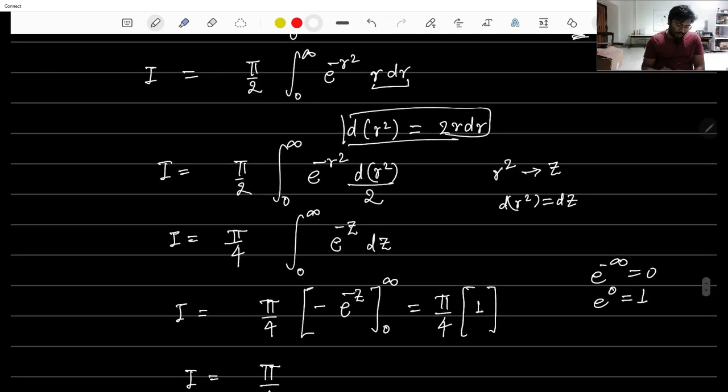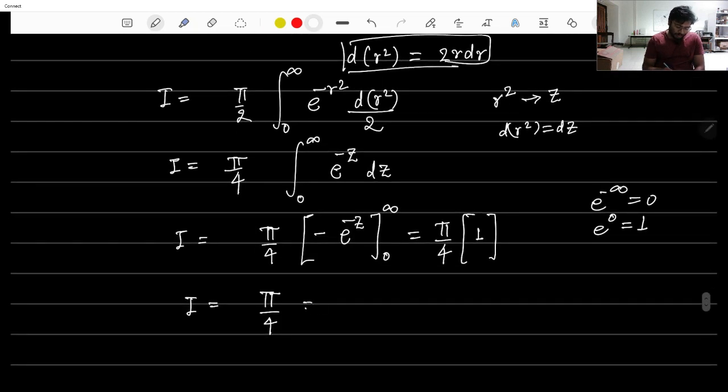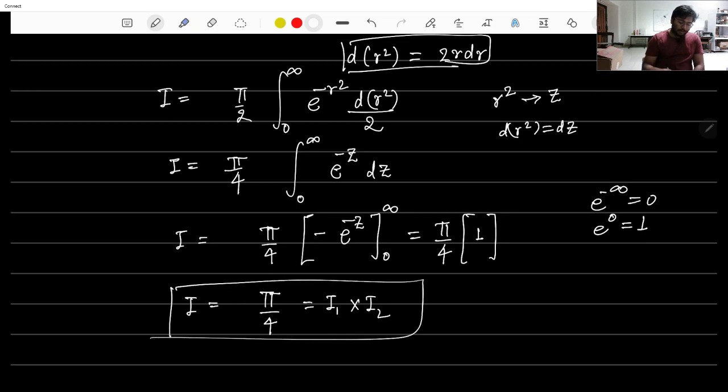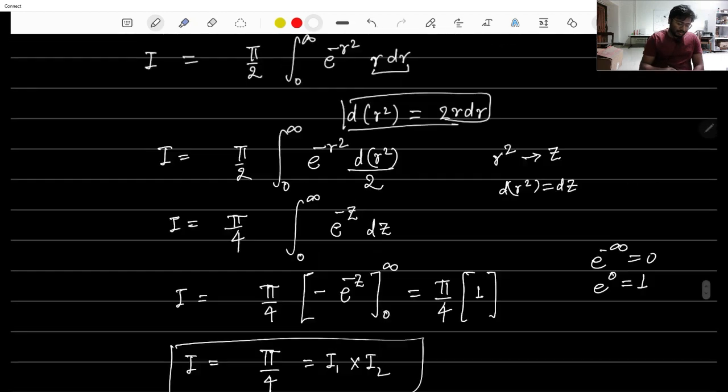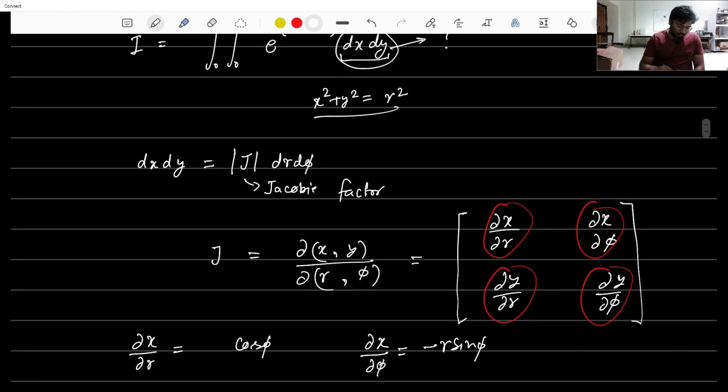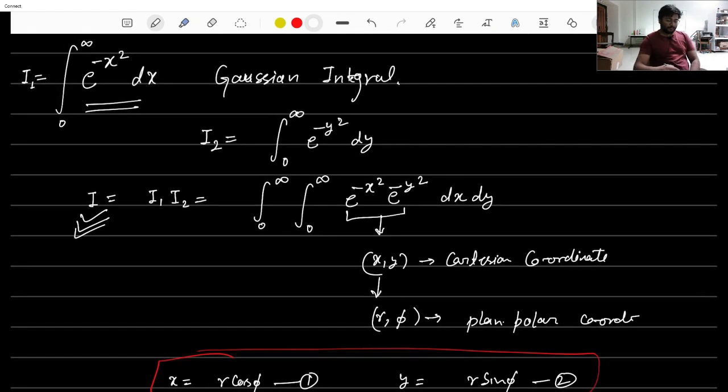Now this is I equals pi by 4, where I is equal to I1 times I2. Now I will tell you that I1 is equal to I2. You will ask the question, why are I1 and I2 equal? See the integrals I1 and I2. Here you see that in both integrations x and y are dummy variables.